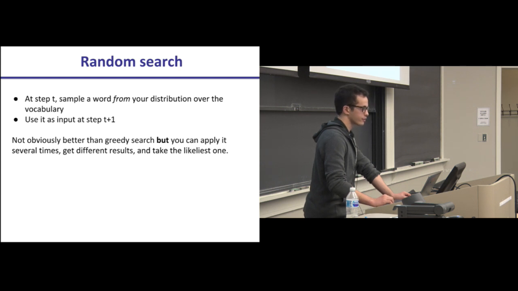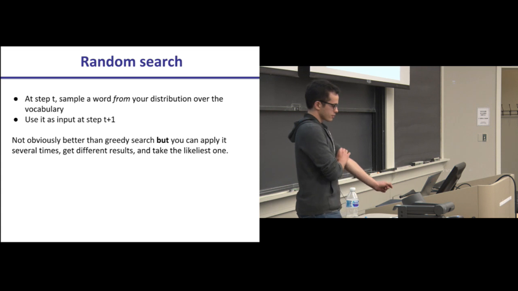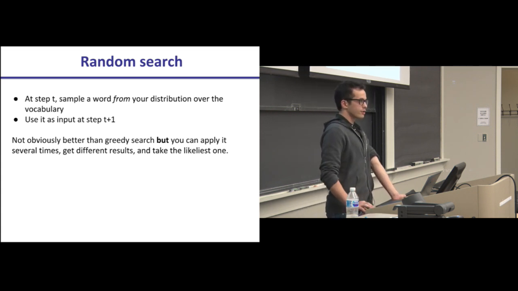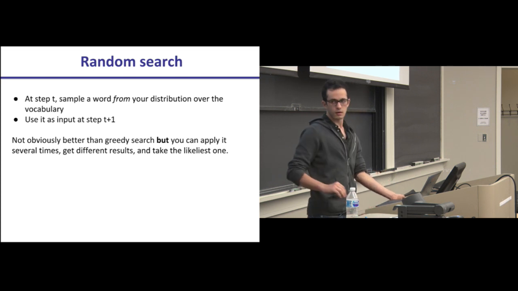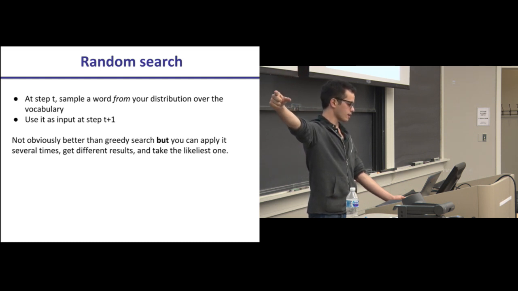First, you've got something called random search. In random search, when you arrive at your probabilities for a word, instead of taking the argmax, you can treat this as a probability distribution.